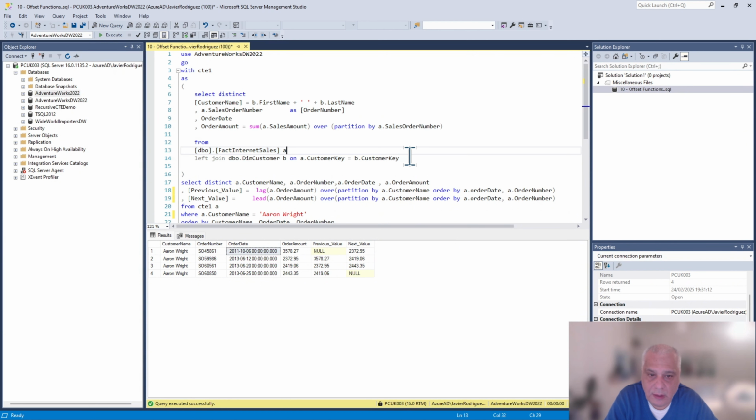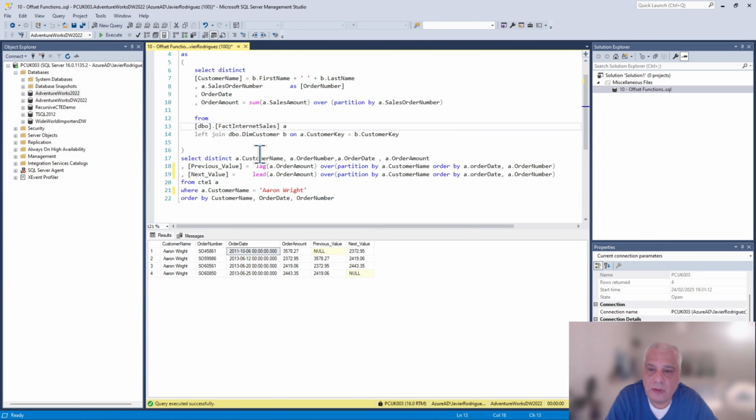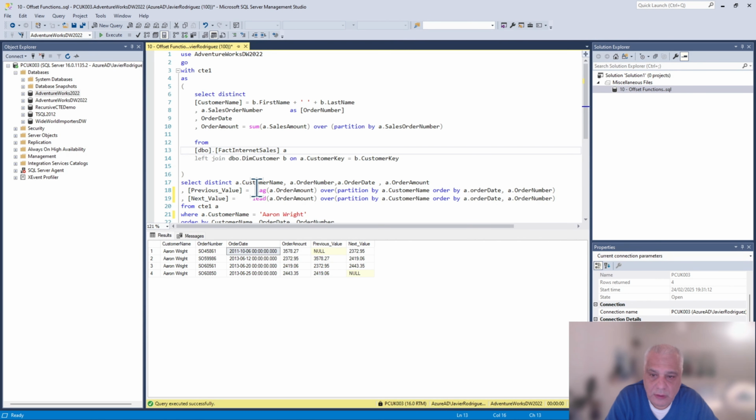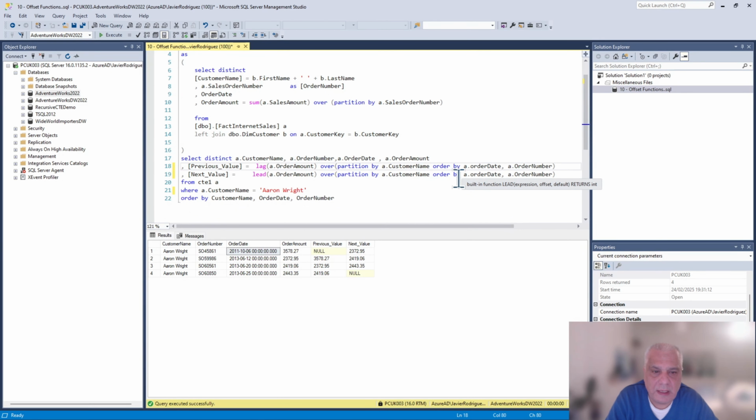We are using a star schema, joining fact internet sales with the corresponding dim customer. So the previous value function follows the same structure as previous windowing functions. We have the over clause, the partition by, and the order by. In this case, order by is mandatory as well.